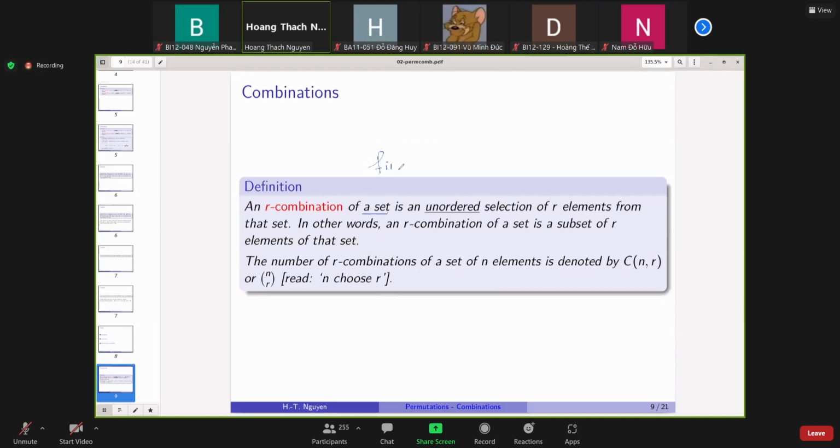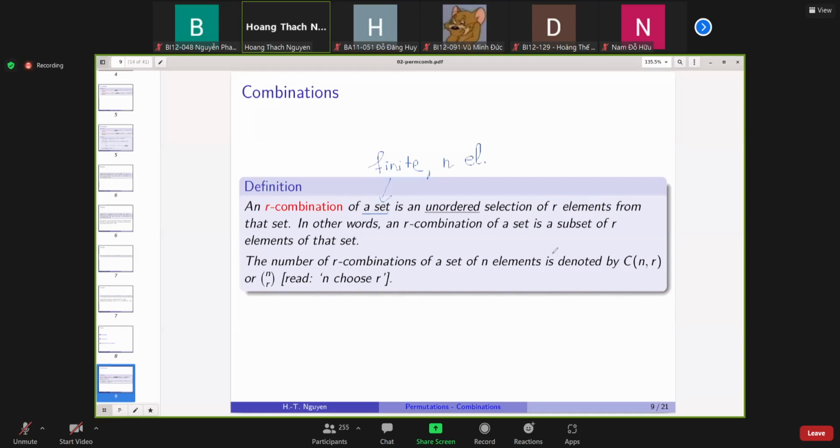Okay. So if we have a finite set of n elements, and we take out r elements from this set, then we obtain an r-combination of this set.